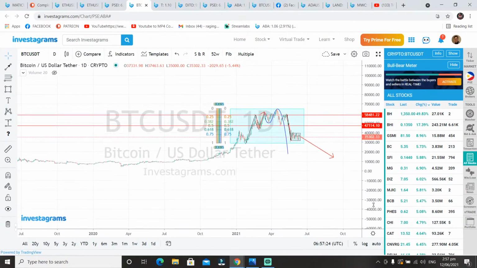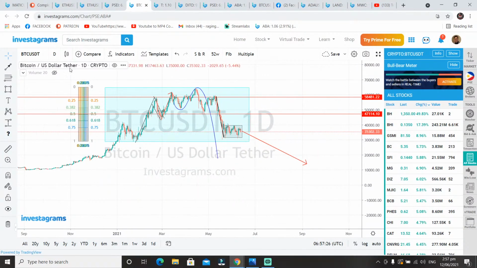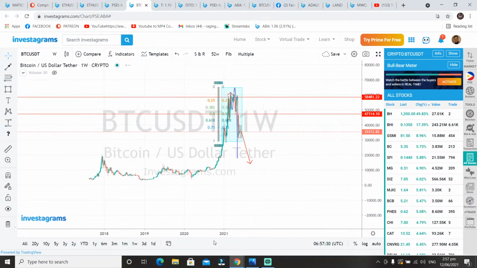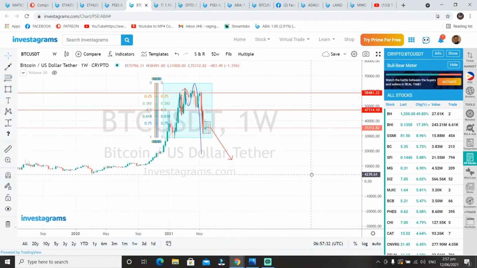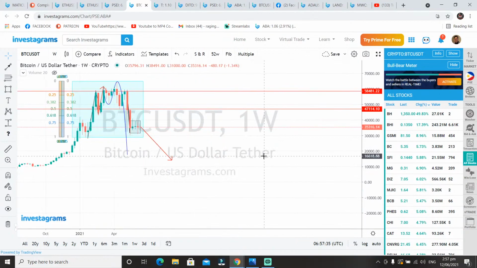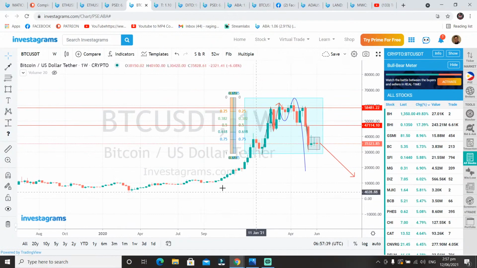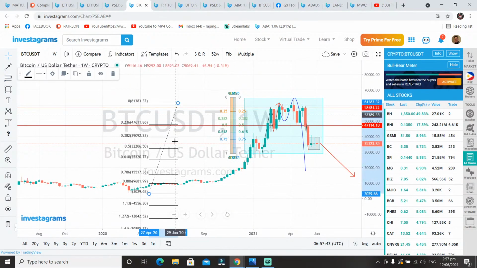So let's check again. What do we have here? So maybe I will move this to the weekly time frame. So on a weekly time frame, what do we have? So this is really a strong bearish movement. So from here, we have here.